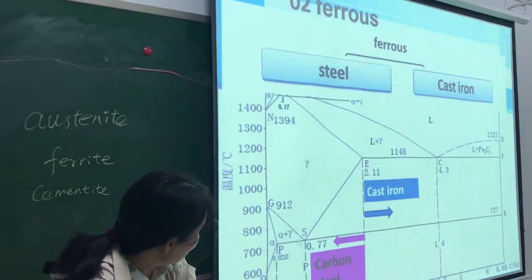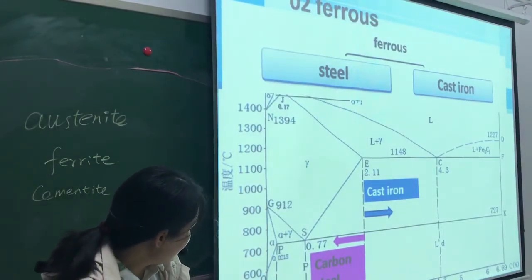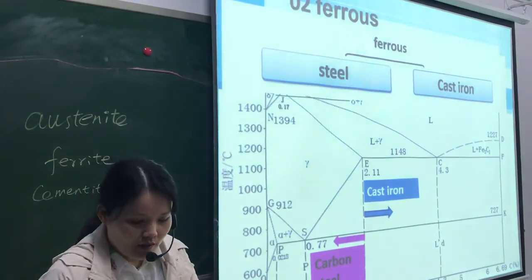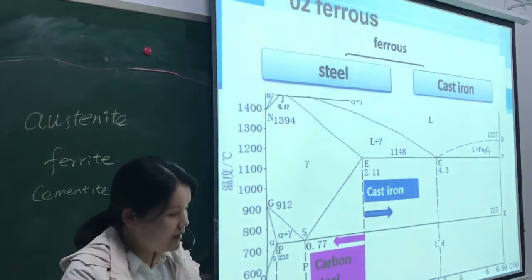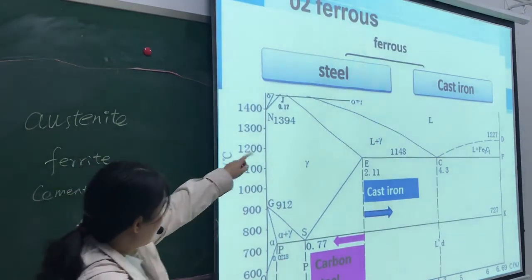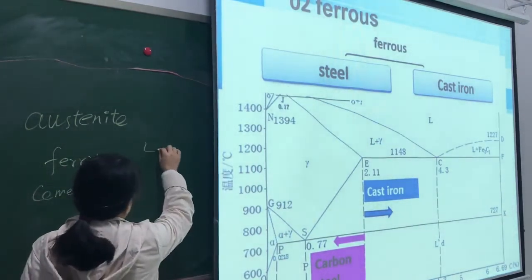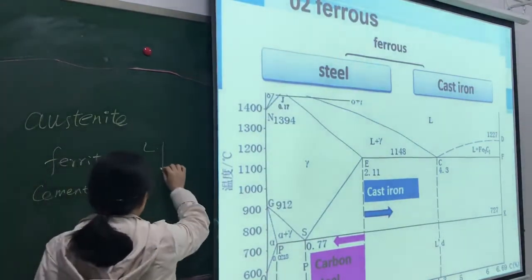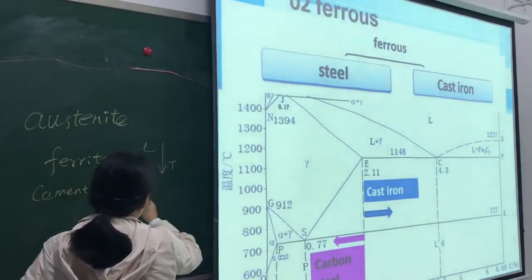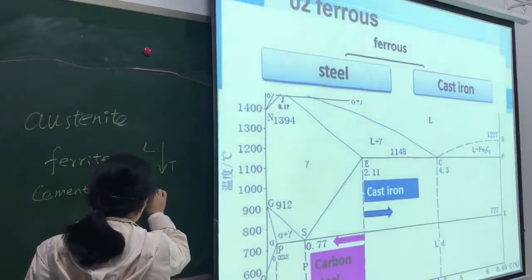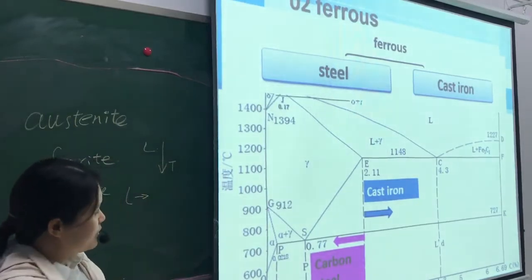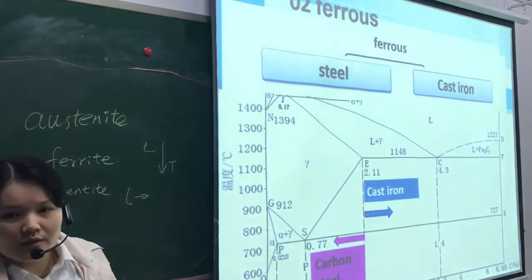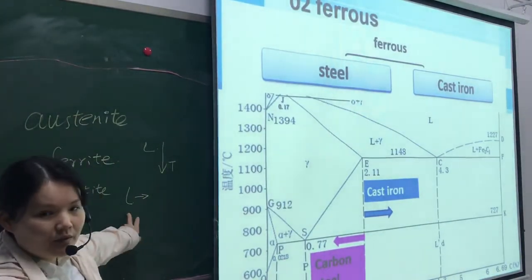For example, consider the composition of this alloy. When it melts it is liquid, and as the temperature decreases, the austenite forms in the liquid.